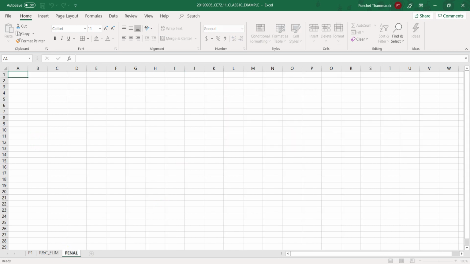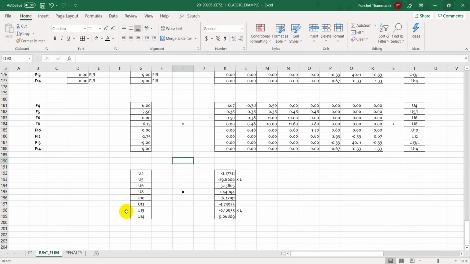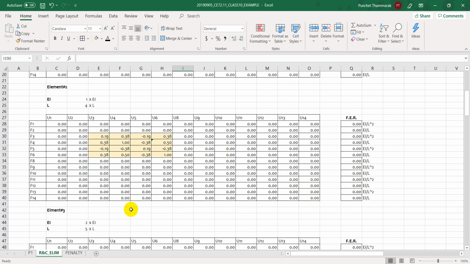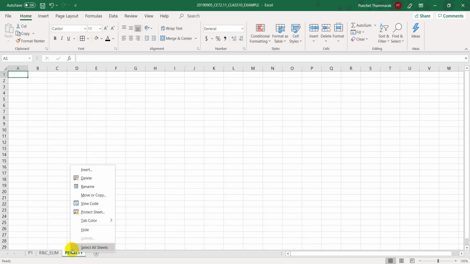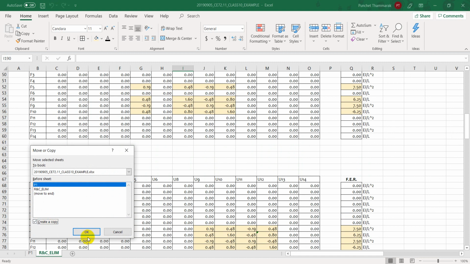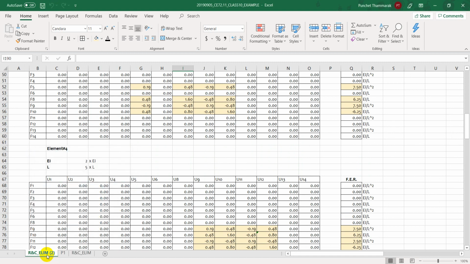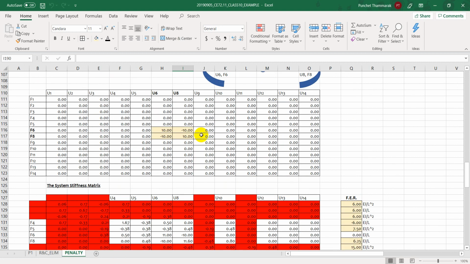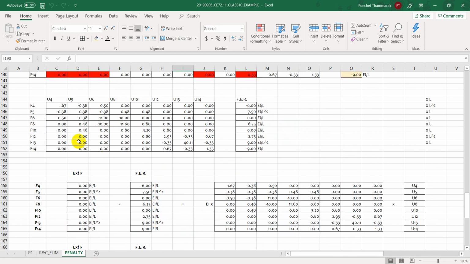Penalty. Done with row and column elimination. We will move next to the penalty method. So I think we can just copy the whole page, because we will use the infrastructure we had over here, up to this point here.